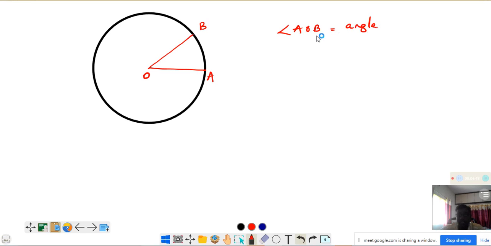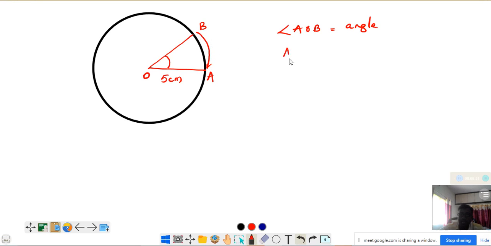It is called what? Angle. Let us take OA equal to 5 centimeters. The angle subtended by an arc. This is the arc AB.